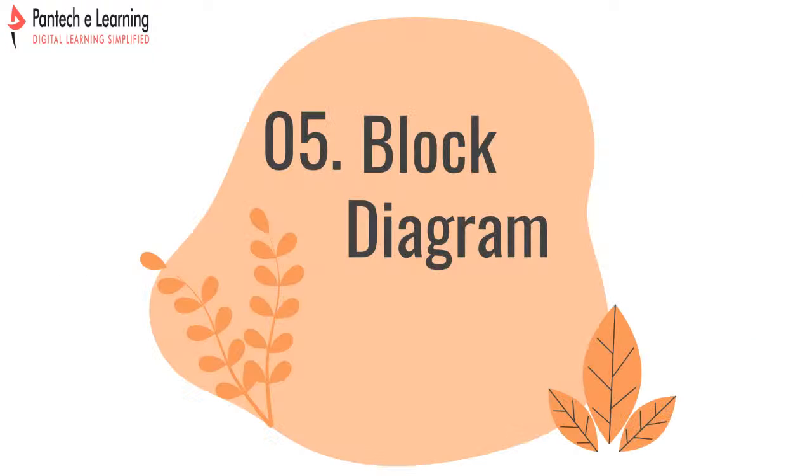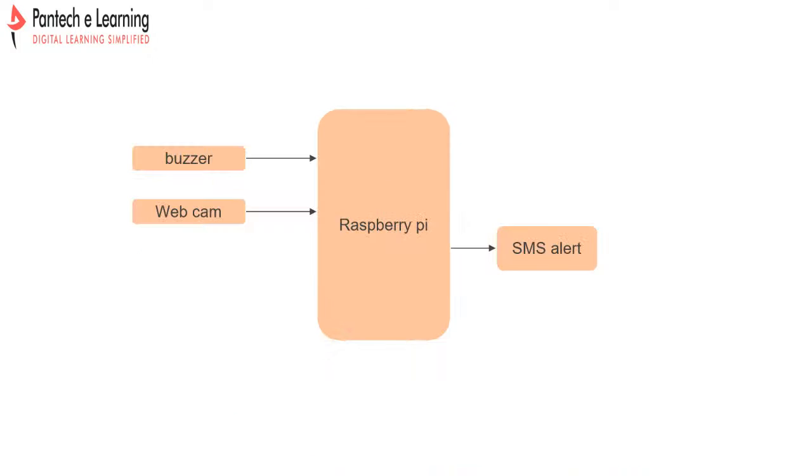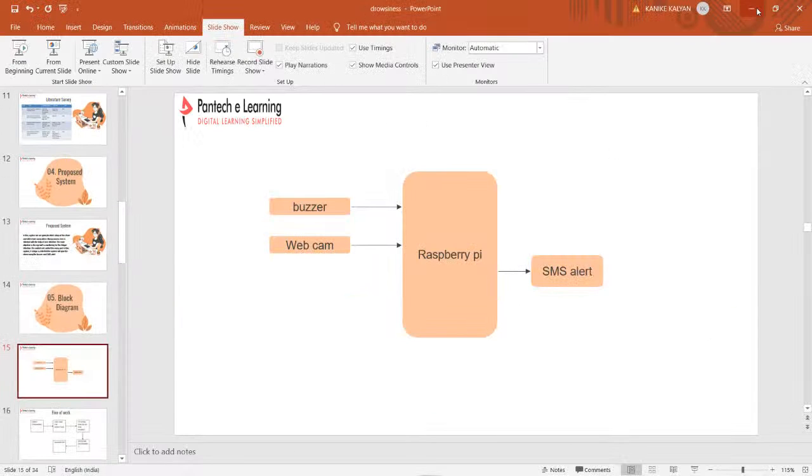Now let's see what hardware is required. We require a buzzer, a web camera, a Raspberry Pi, and finally the SMS alert. I will show you the Raspberry Pi I have now. Wait, I enable the camera.